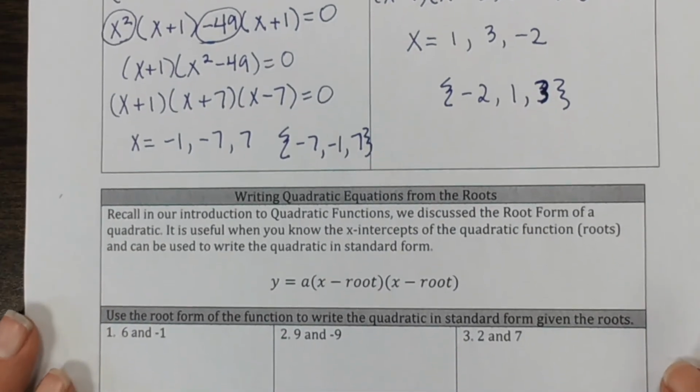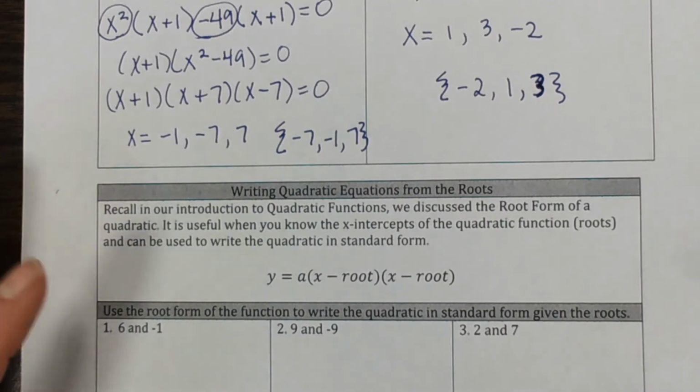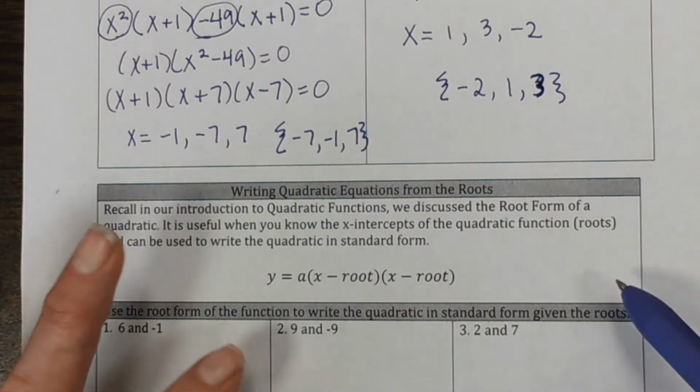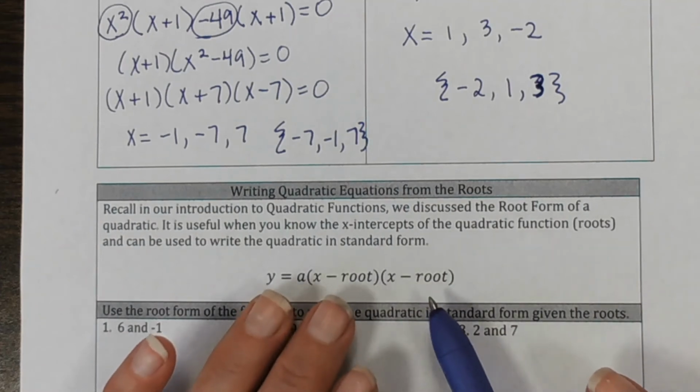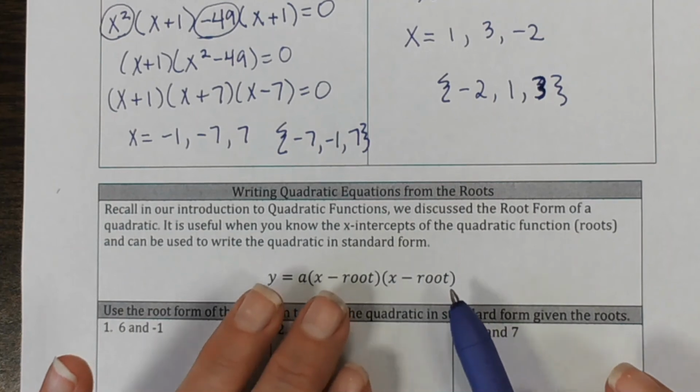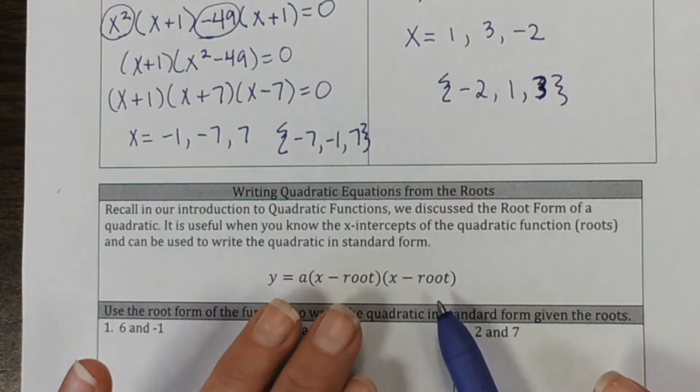Now, the last thing that we're going to talk about today is that whenever we first talked about quadratics, we talked about the root form of a quadratic. Now, it's helpful whenever you know the roots that you can write a quadratic function from the root form and then just multiply those factors to get it back into standard form.